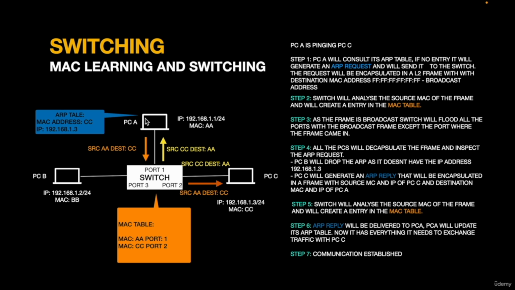PC A will update its ARP table, and the next time it generates a frame or a packet, it will know that PC C has the MAC address of CC, and communication is established, and PC A and PC C will start exchanging packets.